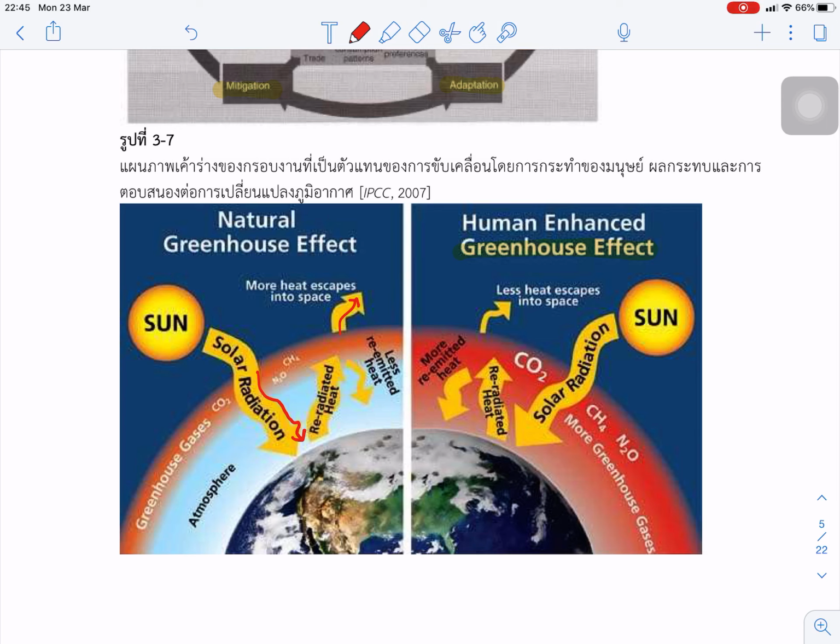After we have a high thickness of greenhouse gas, the solar radiation comes in, but it can't go out. It increases the re-emitted heat inside the Earth's atmosphere, which causes high temperature. That is what we call the greenhouse effect.